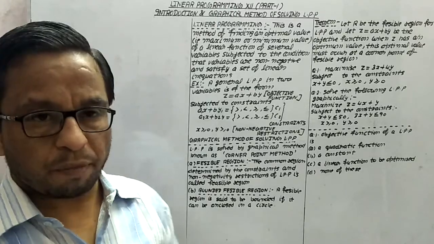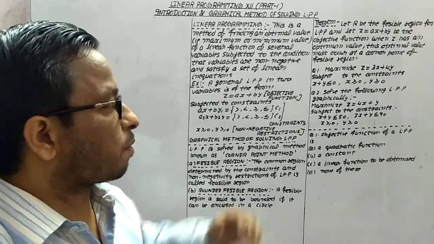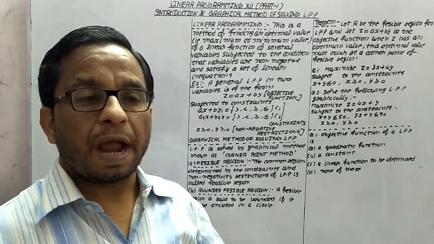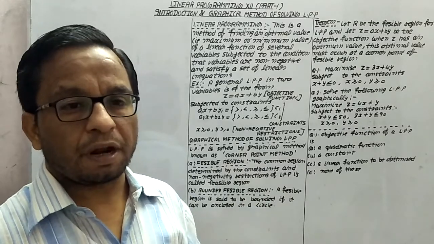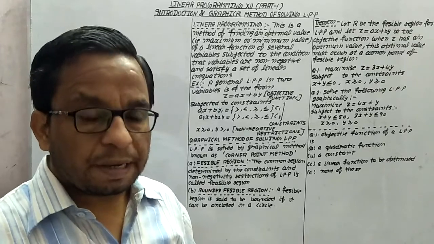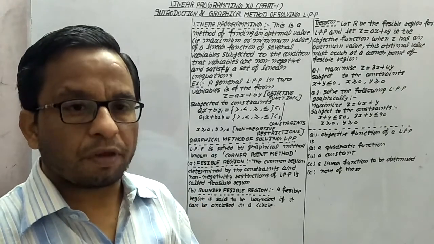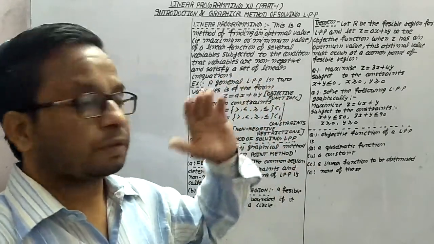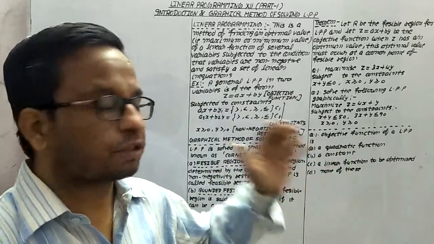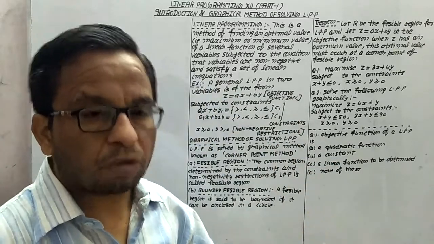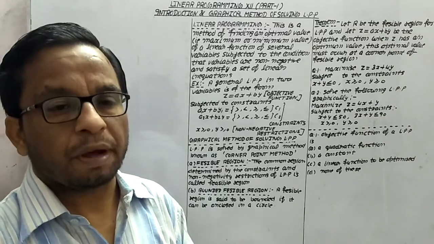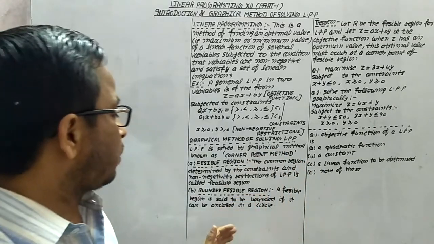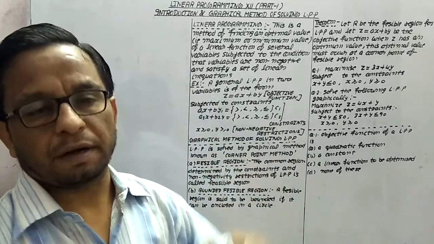First of all, there is a problem in which we have the optimal function already and the constraints also. But later on we will see there are problems in which, by reading the question, we have to form the optimal function, or you can say objective function, and also the constraints, and then we have to solve the LPP problem by the corner point method.